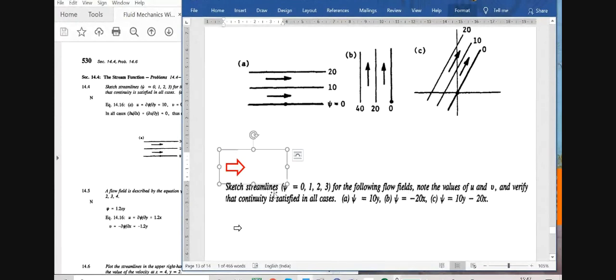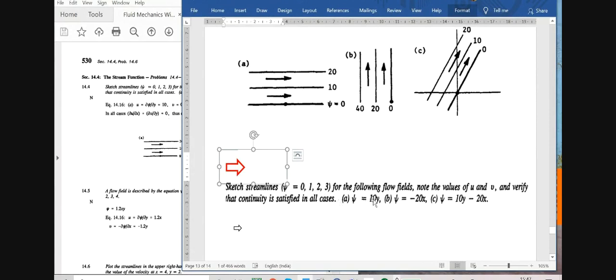And if it is satisfied, then you have to find out the streamlines corresponding to psi equal to 0, psi equal to 1, psi equal to 2, and psi equal to 3. So this is the expression for psi.